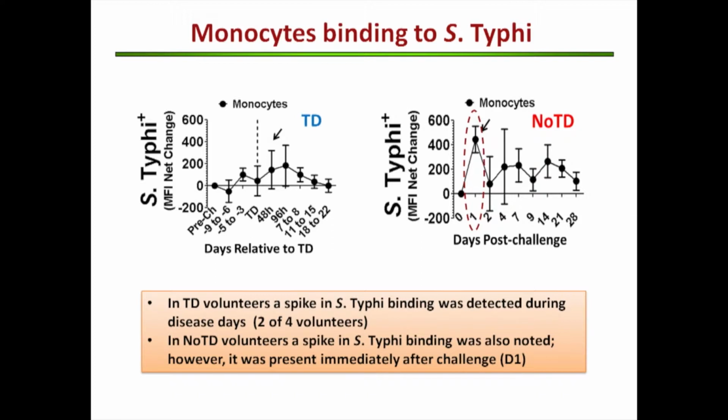I am showing just one example in which monocytes at day 1, and this is the right panel that is circled, show a strong increase in the percentage or in the intensity of the binding of fluorochrome-labeled Salmonella typhi in the volunteers who developed no TD, but only after 1 day. And this was absent in the volunteers who developed TD. Of course, there is an increase in the binding in the volunteers who developed TD at the time of typhoid diagnosis. That points to another constitutive function of the host in controlling Salmonella infection.